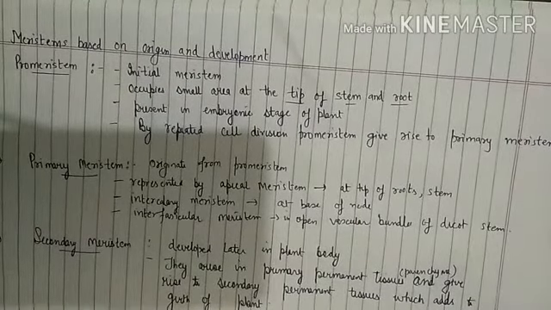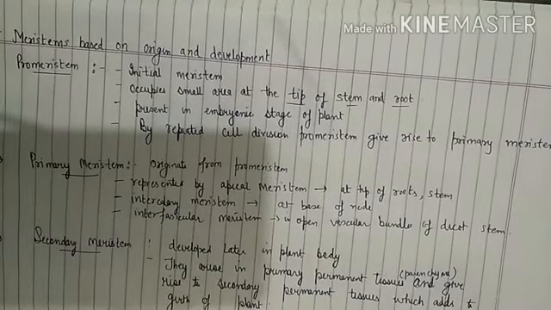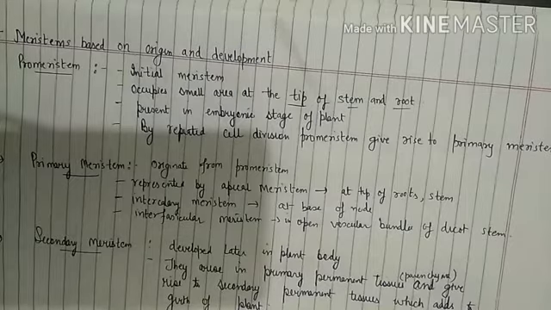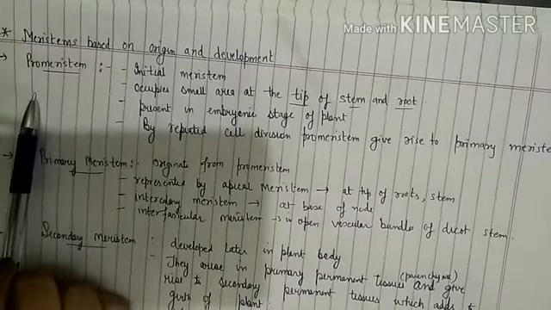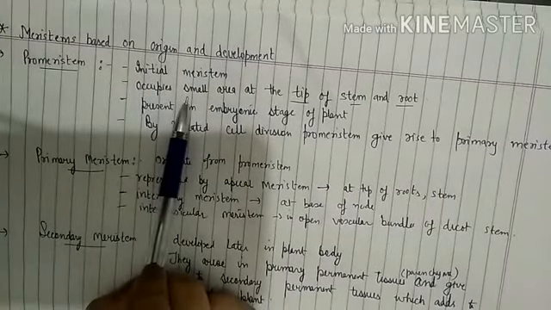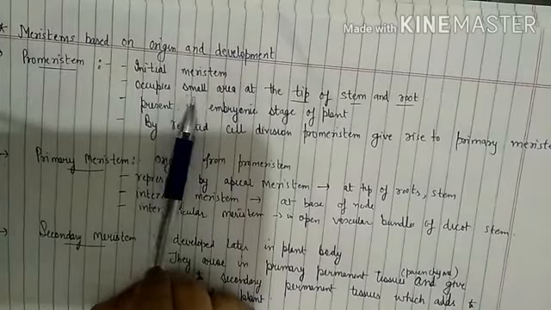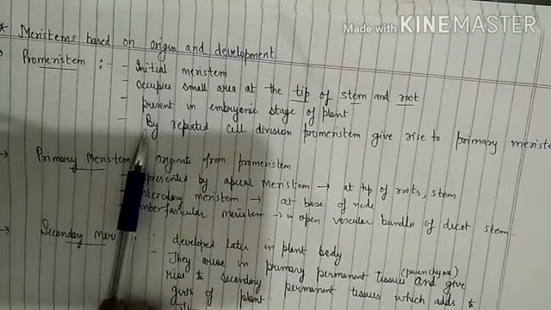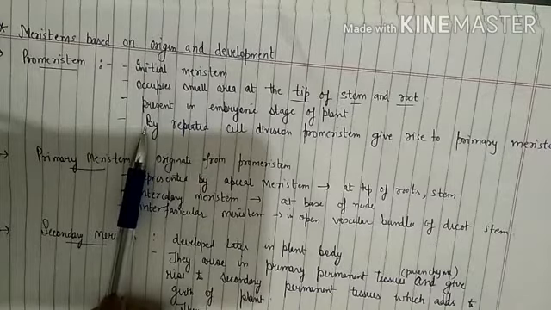Now let us see the meristematic tissue according to the origin. According to origin, first one is promeristem. This is the initial meristem. This promeristem consists of meristematic cells which are found in germinating embryo or young seedlings.